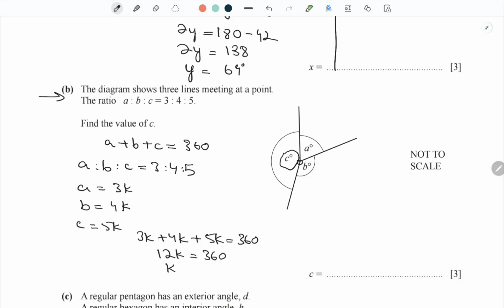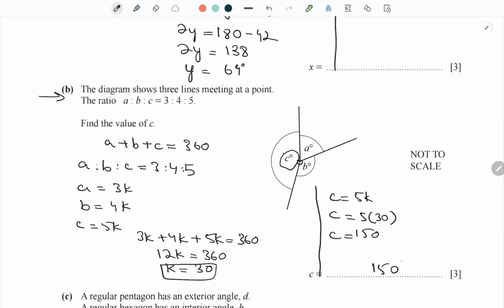Now to find k, k equals 360 over 12, so k equals 30. Now c equals 5k. We substitute the value of k, so 30 times 5 equals 150. So the value of c is 150. Not degrees, because we just find the value of c, not the angle.